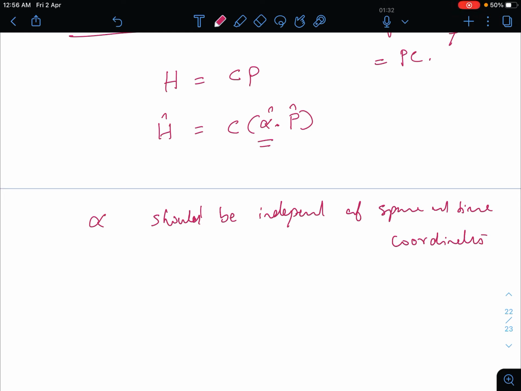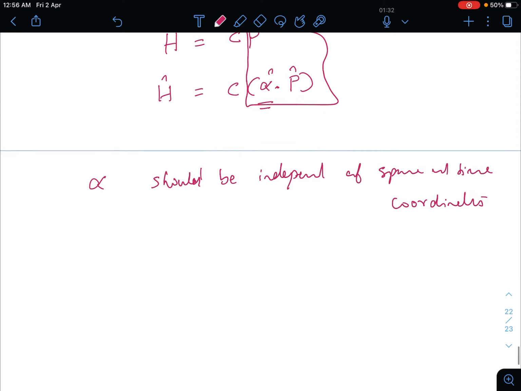Now what would that be? Obviously, this should be equal in that case. So we can write alpha dot p as something like the square root of the sum over i from 1 to 3 of p i squared, or simply px squared plus py squared plus pz squared.